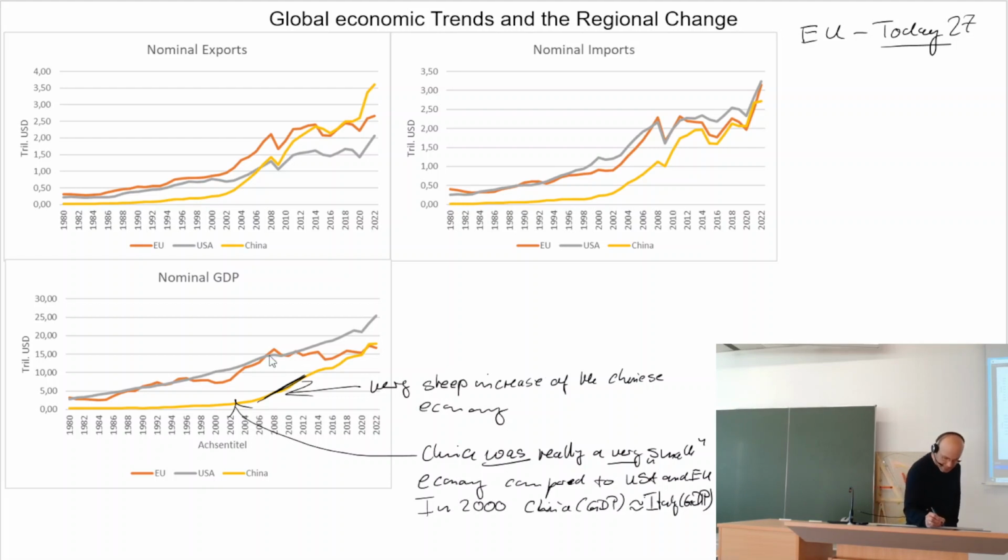Well, but also what you see here in the beginning of the new millennium, we see that the increase of nominal GDP of the European Union increased much faster than the US. And this maybe we can also qualitatively explain, because then especially Eastern Europe started to emerge.